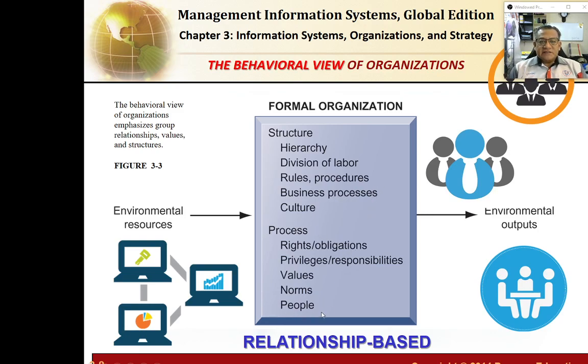Within the processes itself, in a formal organization like Fujitsu, they have rights and obligations. For example, the right of the engineer is basically to give instruction to the supervisor in order to properly set the machinery by using the standard operation procedure. Those are the rights and obligations.